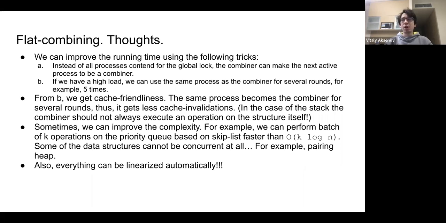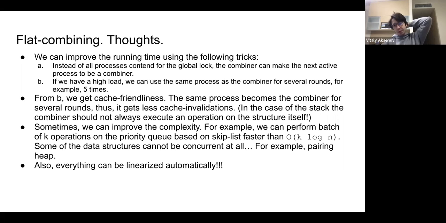So we have to compete only once, and then if the requests are coming and coming, you will always give the lock to the next combiner or to the next process, which obviously improves the total running time because no one should compete for the global lock after that.